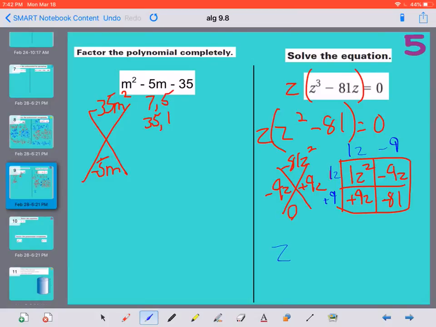So I took out a z. I'm left with z minus 9 and z plus 9. That equals 0. So my two zeros are going to be z equals 9 and z equals negative 9.